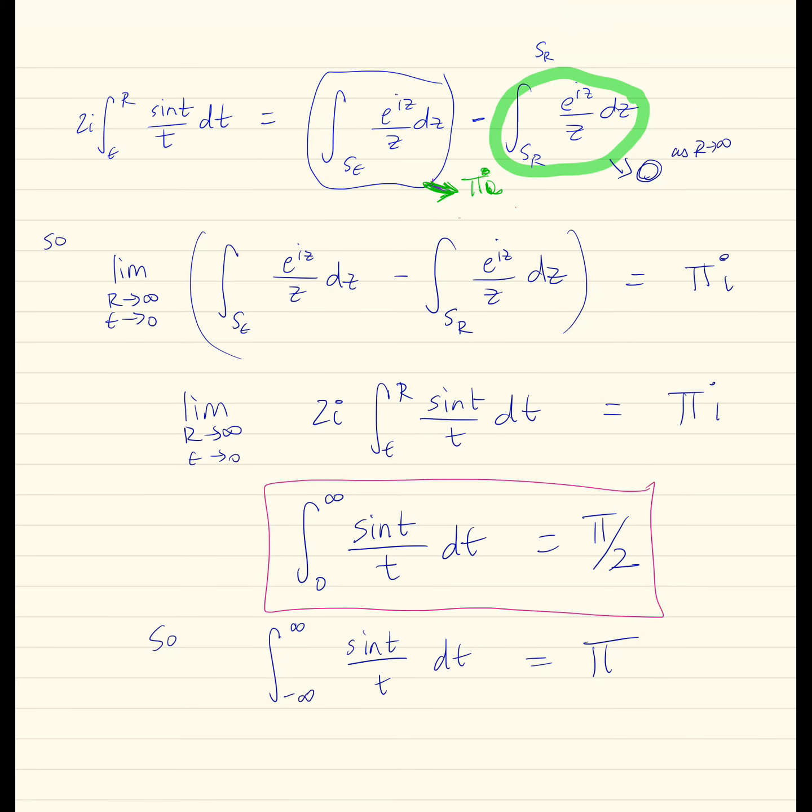And that's it. So notice that we started off with our contour, which is our usual closed semicircle, and we modified it to take into account the fact that we had a pole or a singularity at the origin, right?